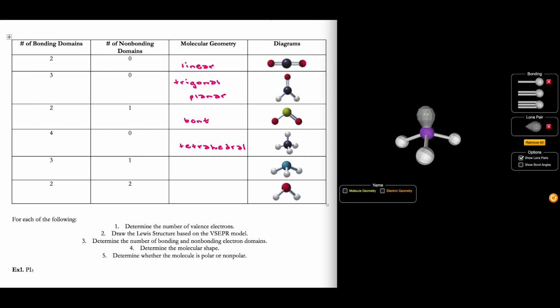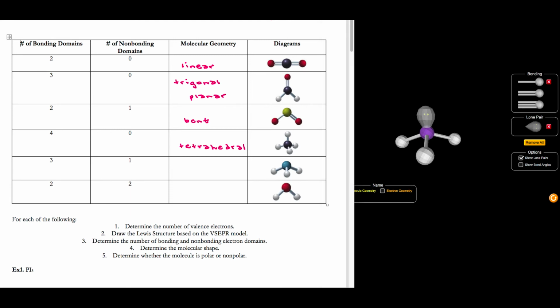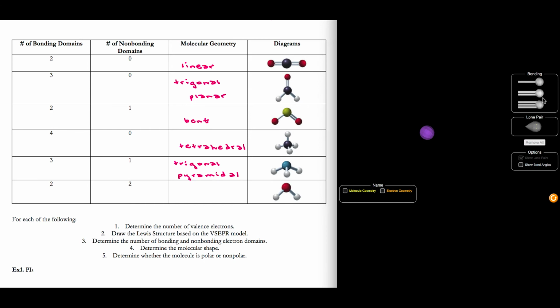And I therefore call this trigonal still, but it's trigonal pyramidal. And let's look at the last one. So I have 2 bonding, and 2 non-bonding, or 2 lone pairs. Again, this shape looks a lot like what we saw up here, which was bent, and guess what? It is. This is a bent structure.